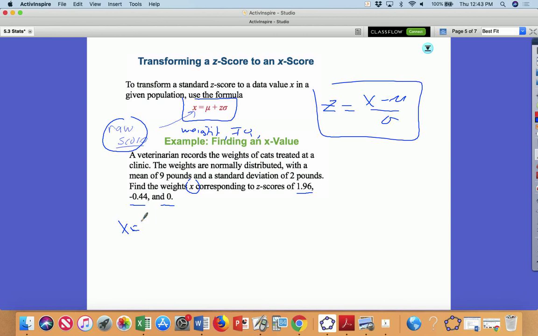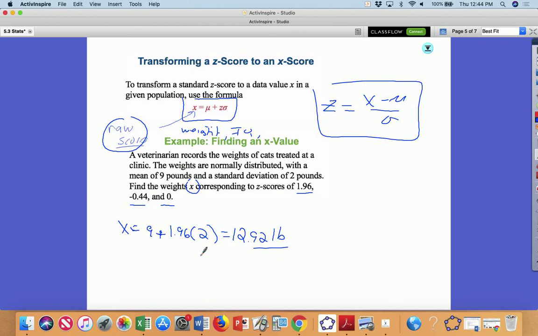Okay, so the raw score, the weight of this cat would be the average weight, which is 9. And again, I'm just going up here. Average weight plus the number of standard deviations times the standard deviation, and that's going to give you a value, and that's going to be the value of that animal. So it's going to be about a 12.92 pound cat.